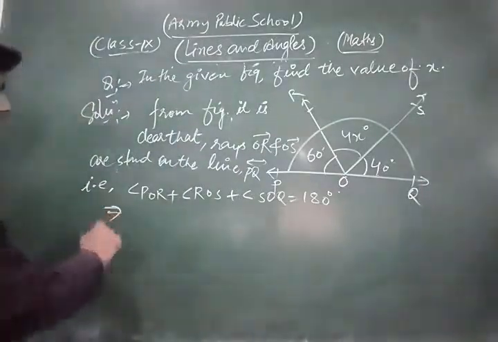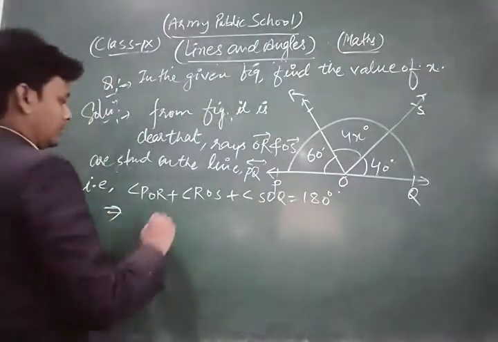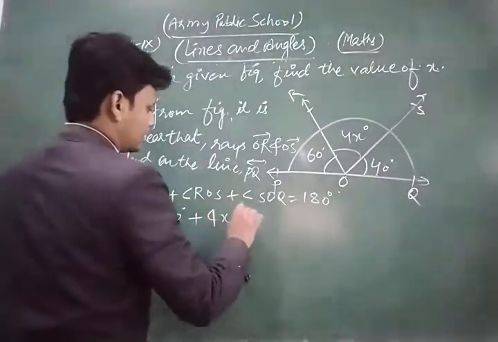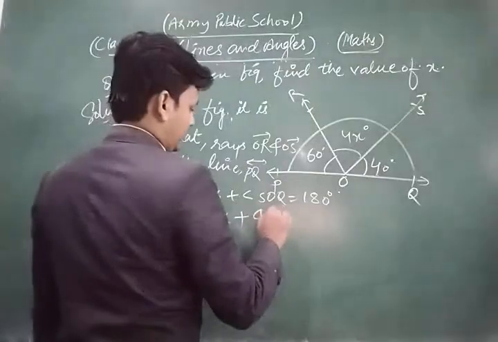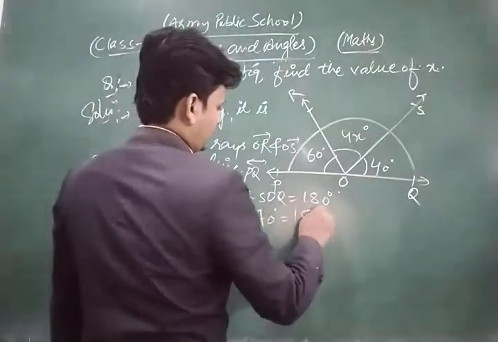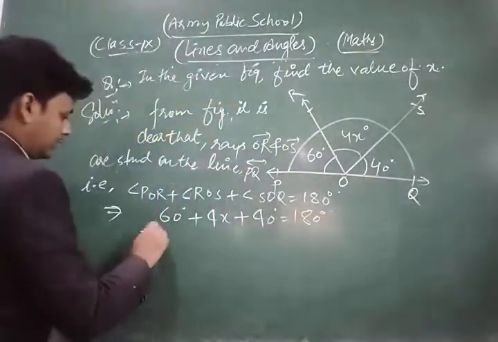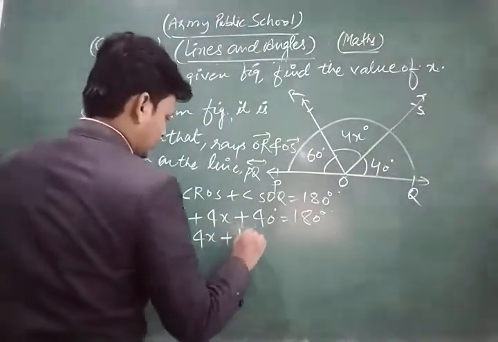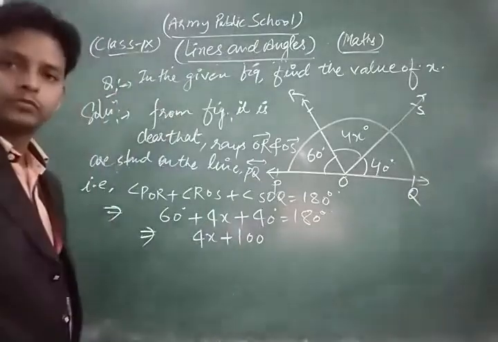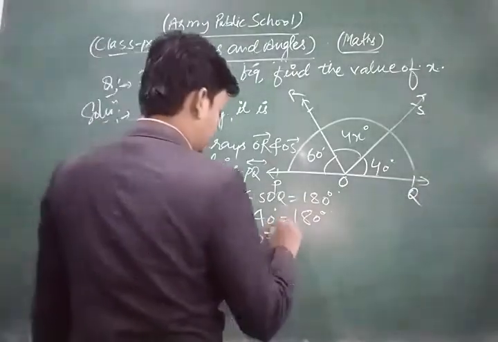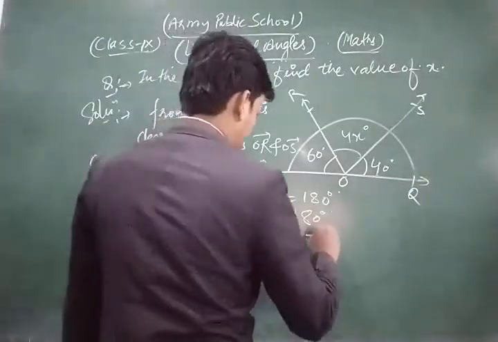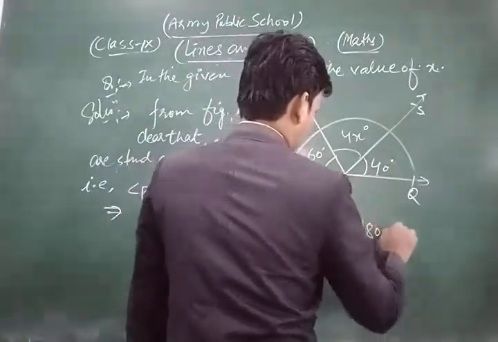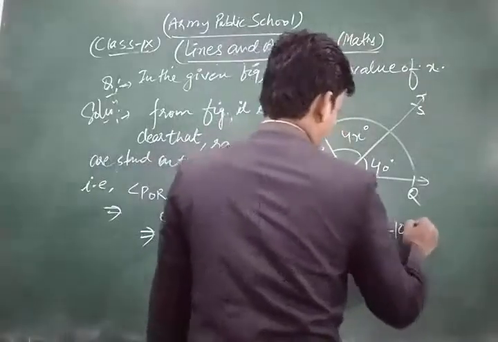So angle POR is 60 plus this is 4x plus that is 40 is equal to 180 degree. Now here 4x plus 100 is equal to 180, so 4x is equal to 180 minus 100.